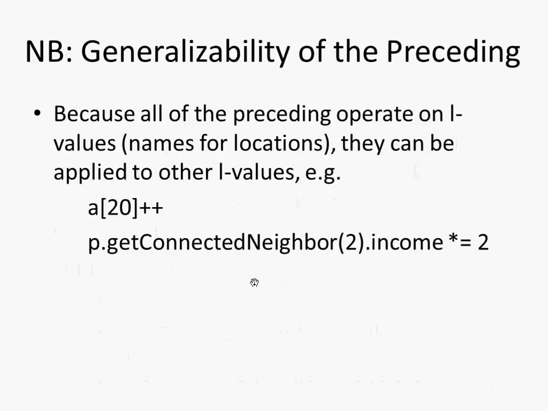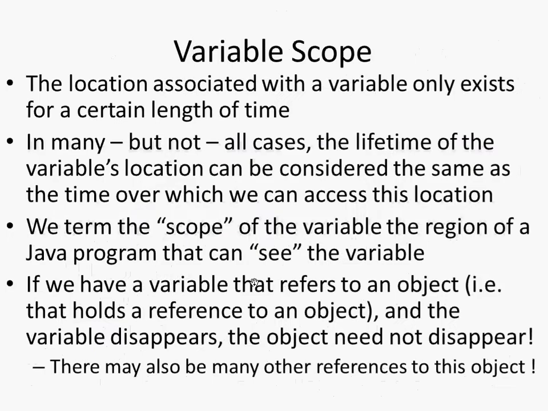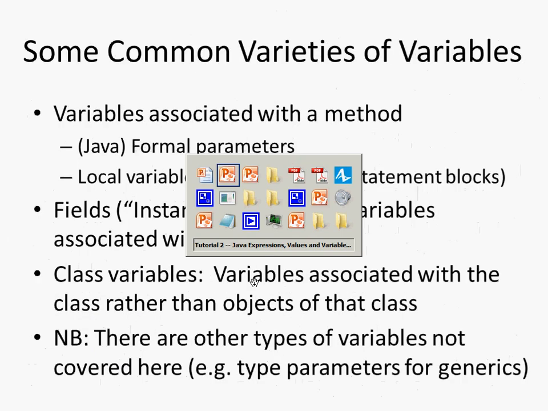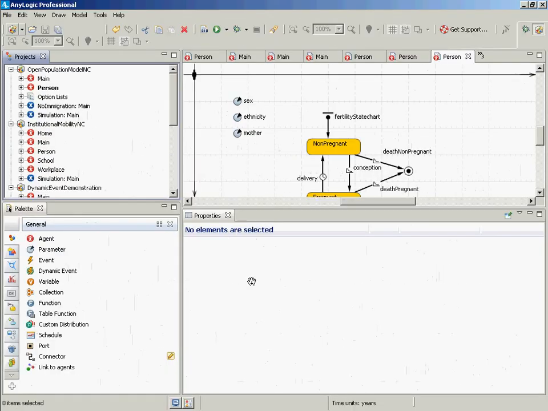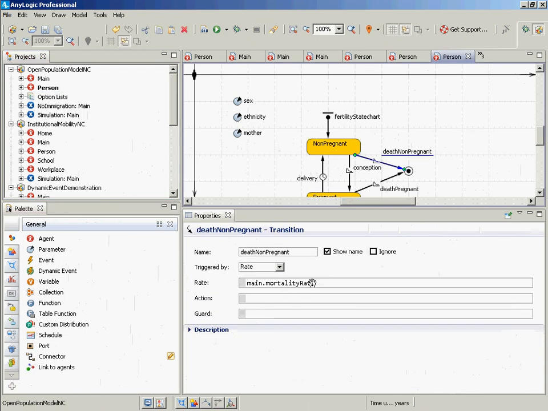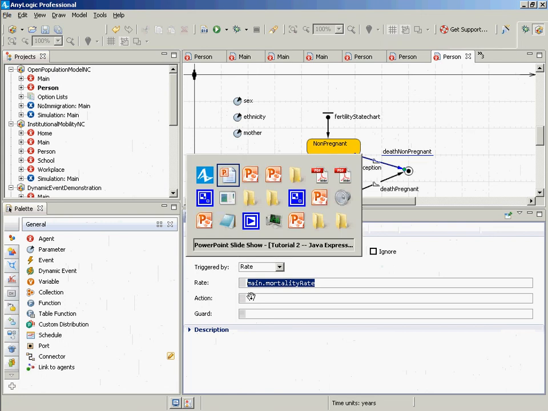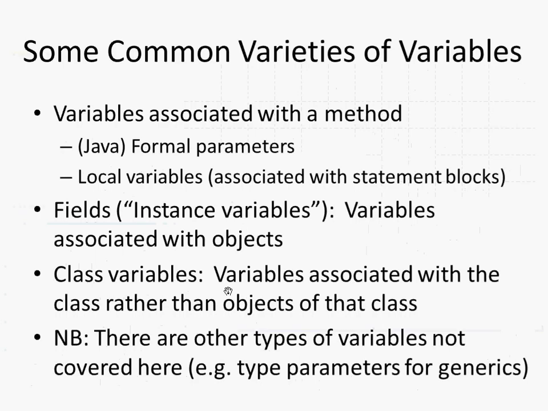Obviously here's another expression, main.fertility rate. This is another expression testing if the value of the sex, here it's called a parameter, it's a Java variable, is equal to a particular value as defined by this optionless sex. Here are lots of expressions.